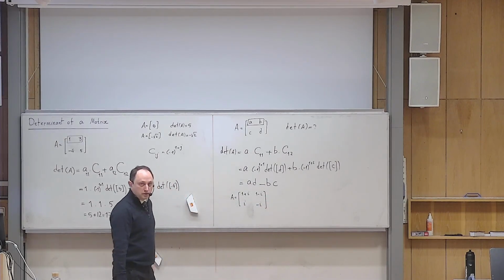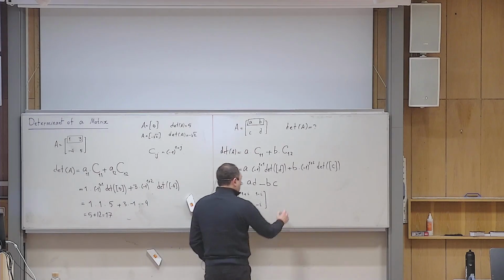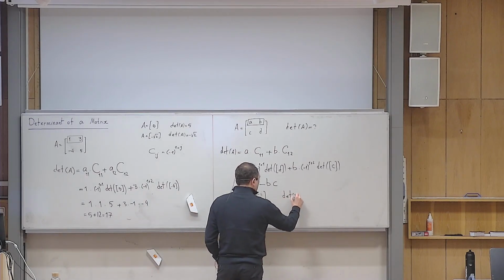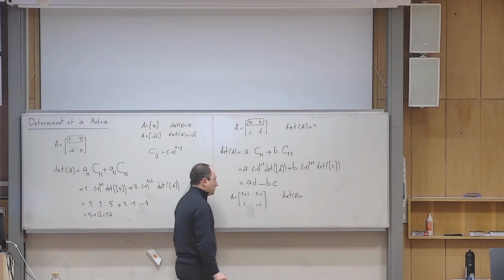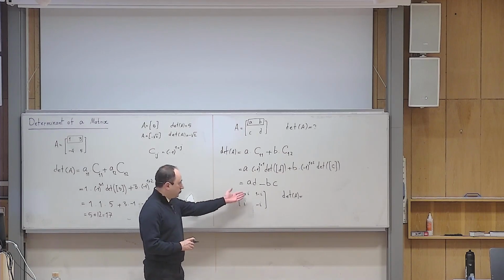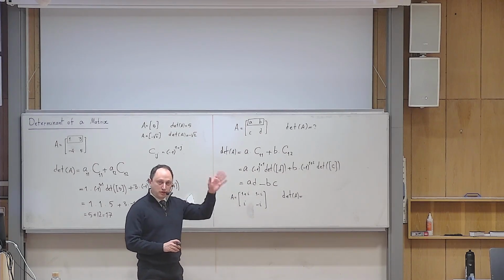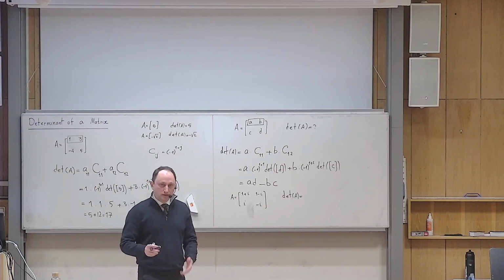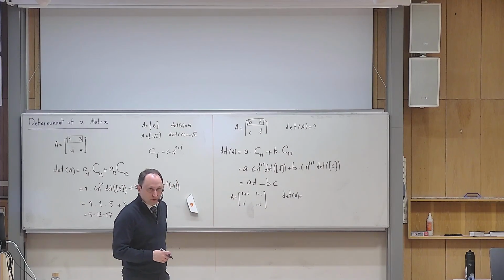So this is the imaginary unit, okay? If I ask you to calculate the determinant of A, what can you calculate? By the way, now that we learned a little bit about complex numbers, in a matrix you can have complex numbers. So all the things that we discussed so far, you can also discuss about matrices with complex numbers.